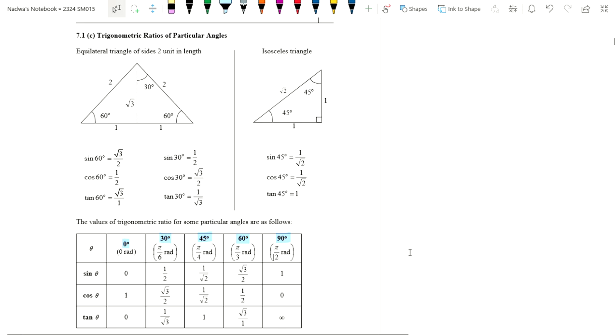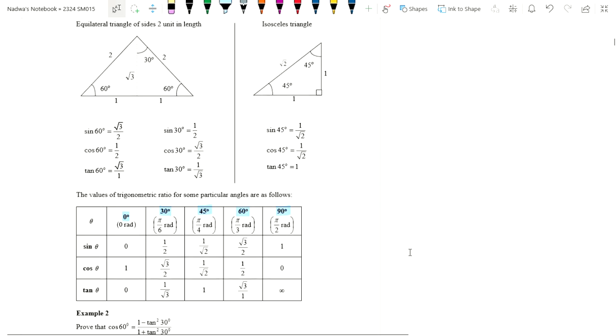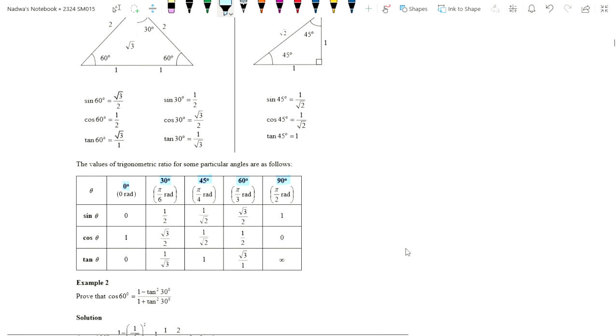Before the classwiz was invented, we cannot get the exact value of, let's say, sine 60 degree. If you press your black calculator, you cannot find sine 60 degree in an exact form. So that's why we need this triangle and this triangle to memorize what is the value for sine, cos, and tangent for these 5 special angles here.